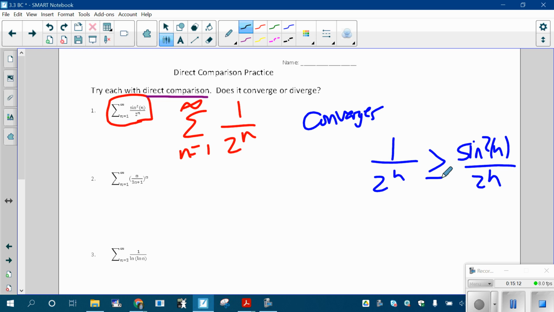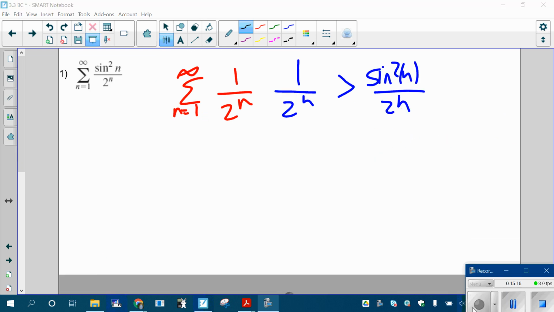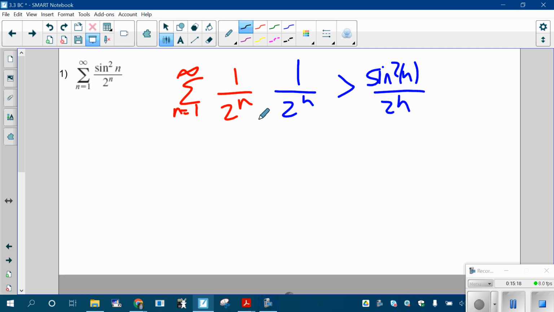Now let's work on writing out a nice justification for this. Like with the limit comparison test, this relies on you clearly stating whether the series you're comparing it to converges or diverges. You should start with that. So I'd start with the fact that 1/2 to the n converges. How do I know that?